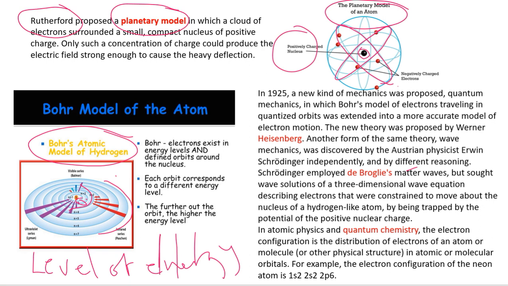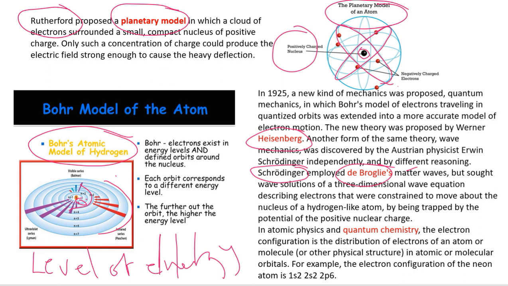Well, as the model of Bohr didn't explain atoms other than hydrogen, then Heisenberg and de Broglie, working separately from each other, and Schrödinger proposed that the electrons moving around the nucleus have a dual behavior as wave and as photons.